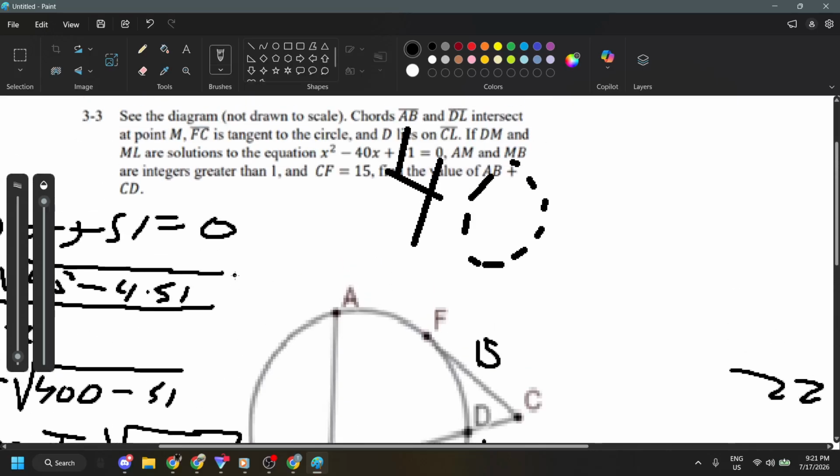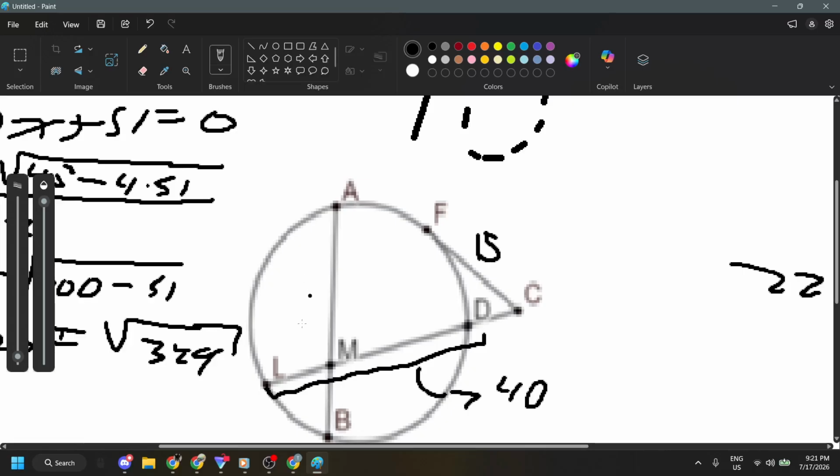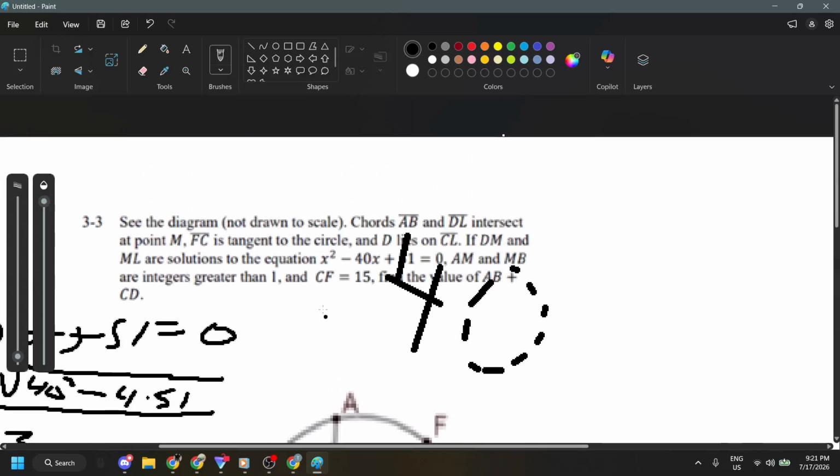We have no easy r value. That's an issue. We don't have any radiuses here. None of these are radiuses.